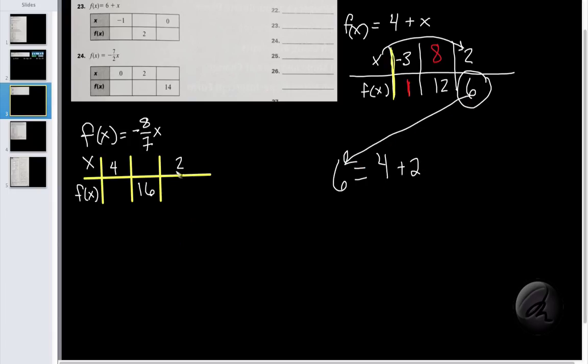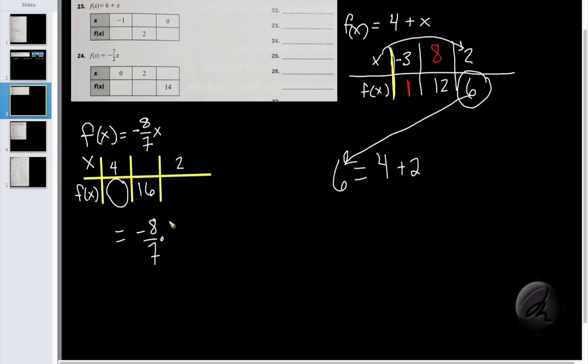All right, so let's move over here to this side now and work these out. Again, this particular problem is giving the value of 4 to my x. So what will be the value of my function if x equals 4? That's negative 8 over 7 times 4.